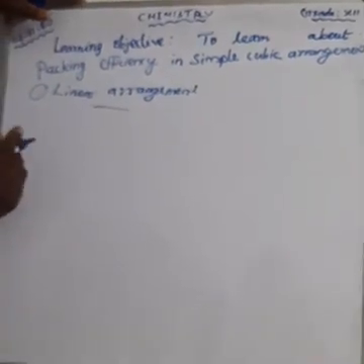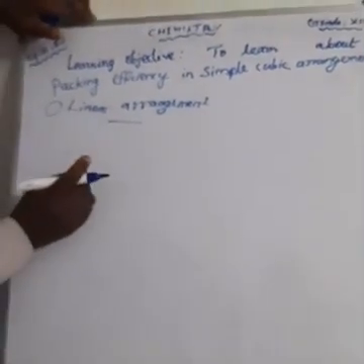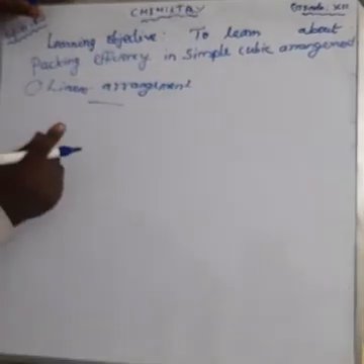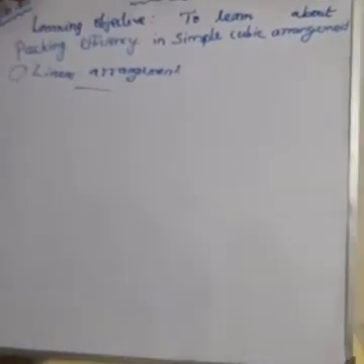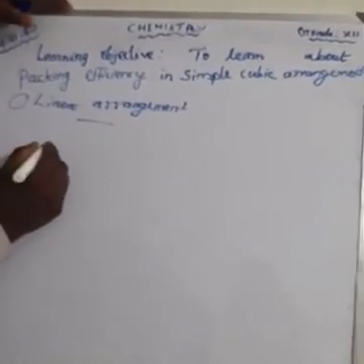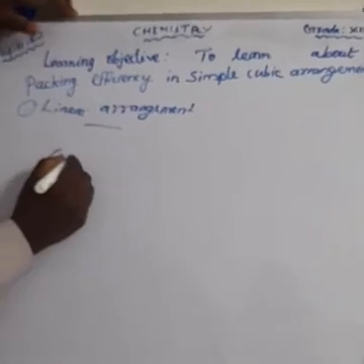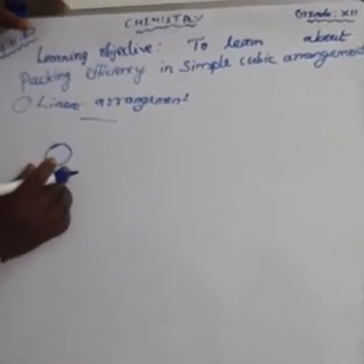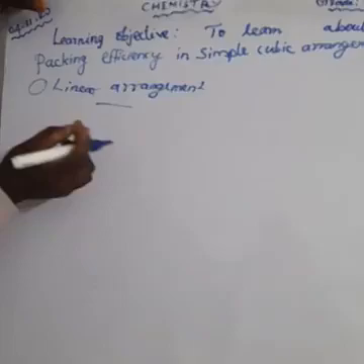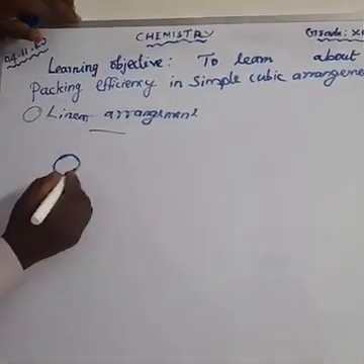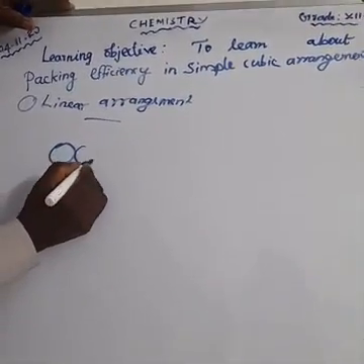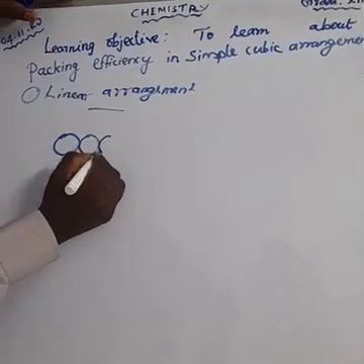Linear arrangement. In a specific direction, it is only possible to arrange the spheres in one direction. Each sphere, this is one sphere, is in contact with two neighboring spheres. This is one of the spheres, it also contacts the other sphere.